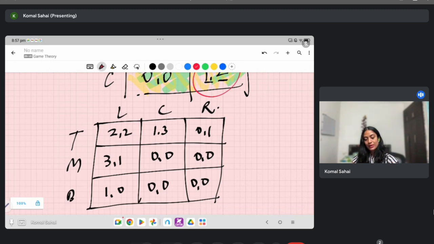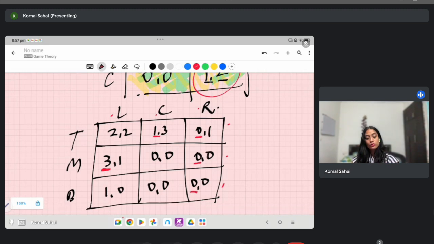So from player 1's perspective, if player 2 is going to choose L, the best is to go with M. If player 2 is going to go with C, the best is to go with T. If player 2 is going to go with R, there's no best. So in this case, the best response function actually is not a singleton set. You have all three of them giving equal payoff, right?